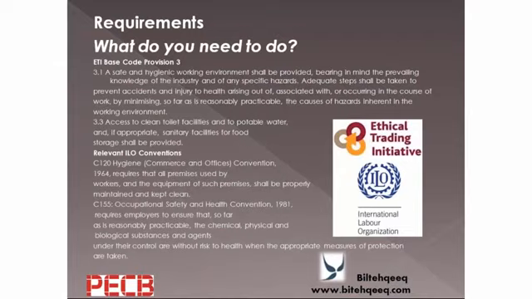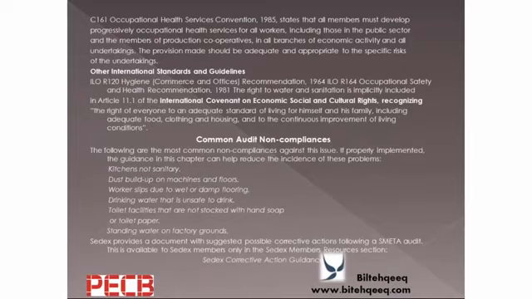And C161, the Occupational Health Services Convention, 1985, states that all members must develop a progressive occupational health service for all workers, including those in the public sector and members of production cooperatives, in all branches of economic activity.